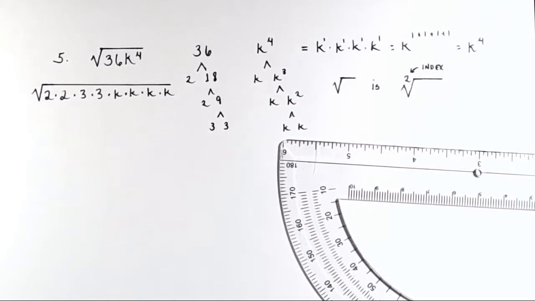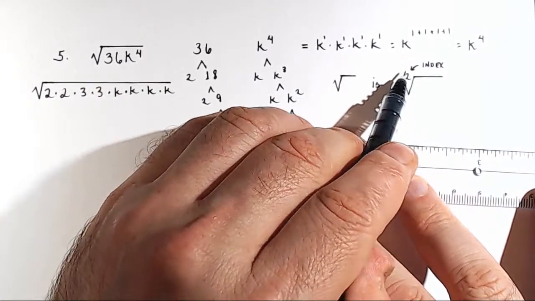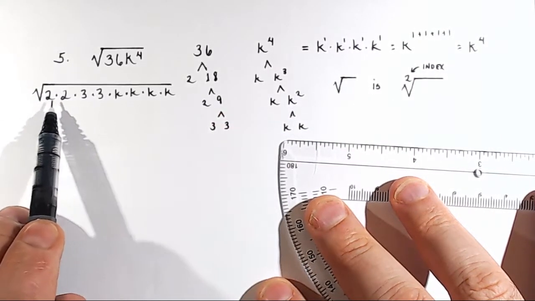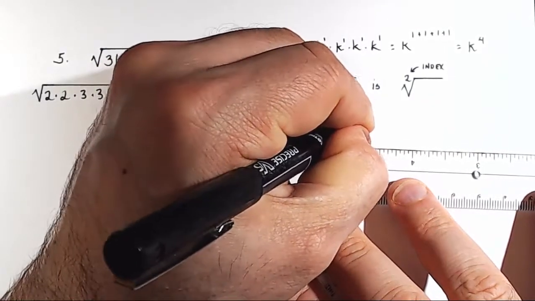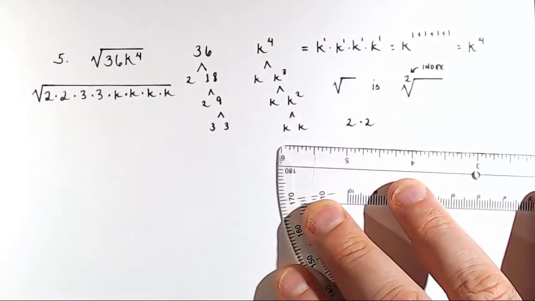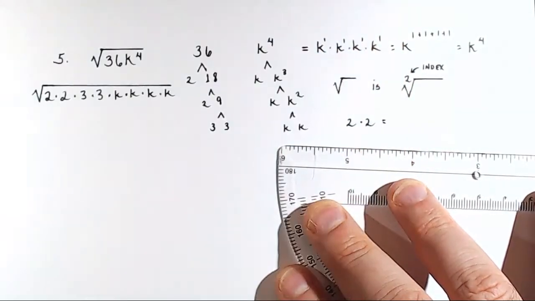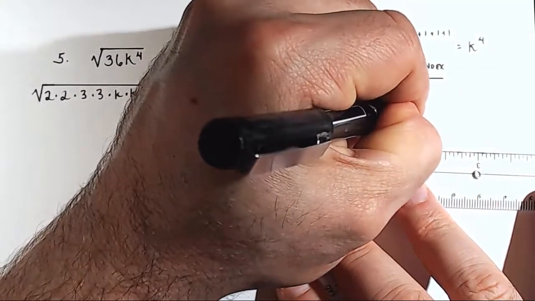And here's the cool thing about the rule. If you have 2 numbers inside, like this, they can be rewritten. Let's just take 2 times 2. They both have exponents of 1, so it's equal to 2 squared.